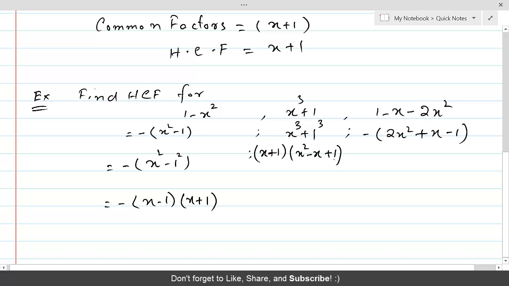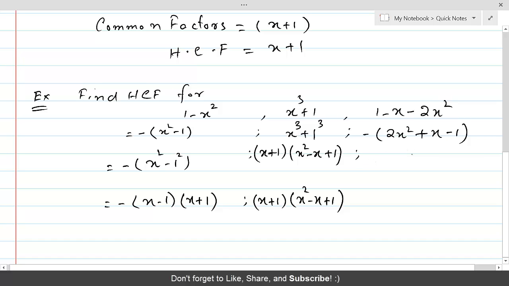That's the formula a cubed plus b cubed is equal to a plus b times a squared minus ab plus b squared. So we got the factors for this as well: x plus 1, x squared minus x plus 1, and the last one we are now dealing with is this.